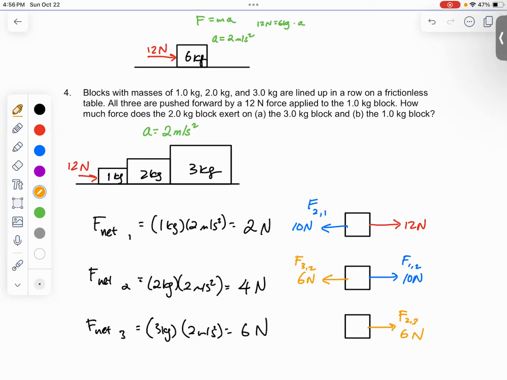But I hope you understand how we have Newton's second law, F equals ma, and Newton's third law, which is the action-reaction pair. If block number 1 is pushing onto block number 2, then block number 2 is pushing back on block number 1. And that's how we complete our force diagram, or the free body diagram.